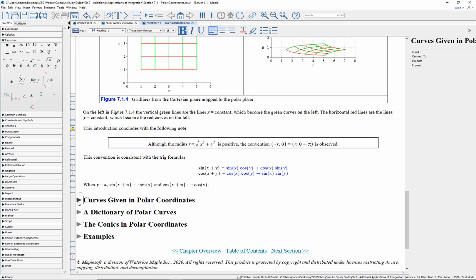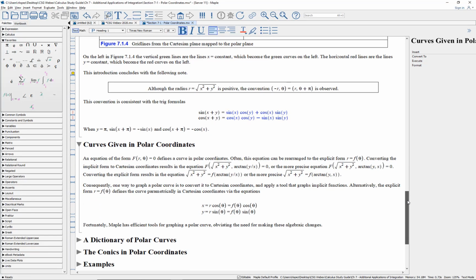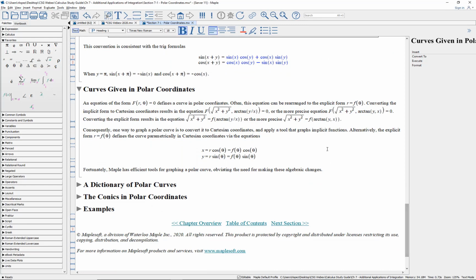And here's a brief discussion of what we mean by a curve given in polar coordinates. It could start out as an implicit definition with r's and thetas. If you can rearrange it to r equals f of theta, more recognizable. Otherwise, it's implicit.